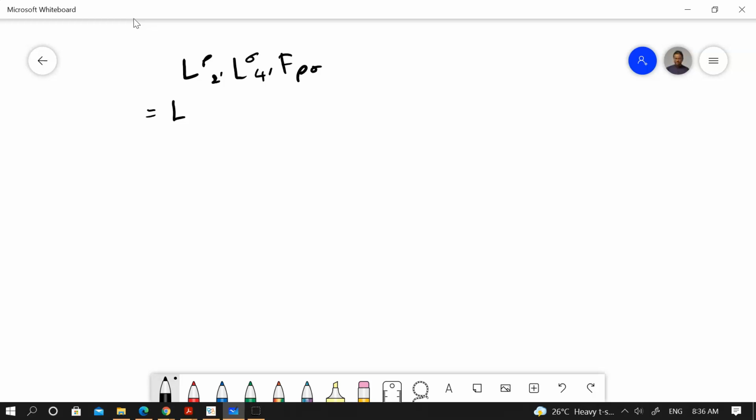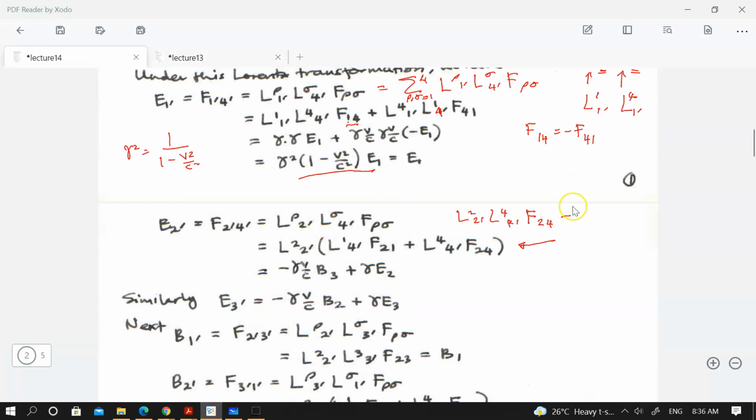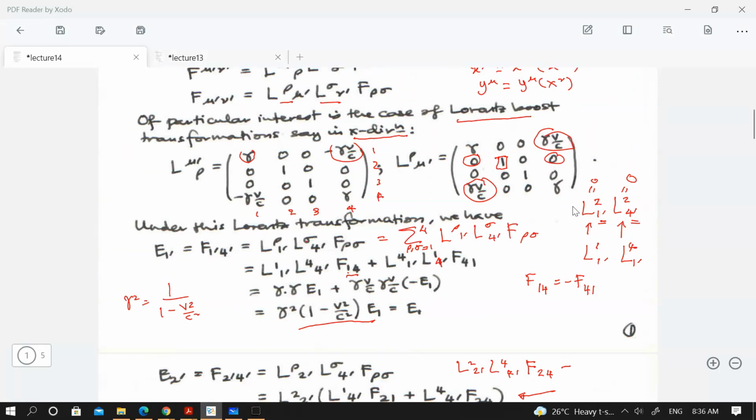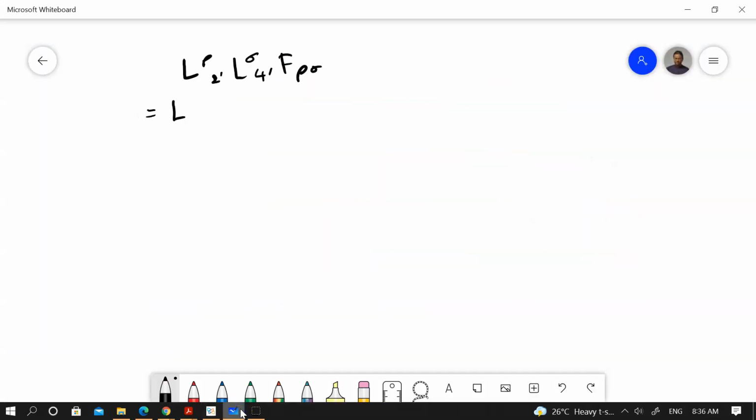right indices over here. Okay, if I put rho equals to 1, L12 dash is going to be 0. Okay, just look back over here. L12 dash is going to be 0, so I don't want that. So I will have that with L22 dash.